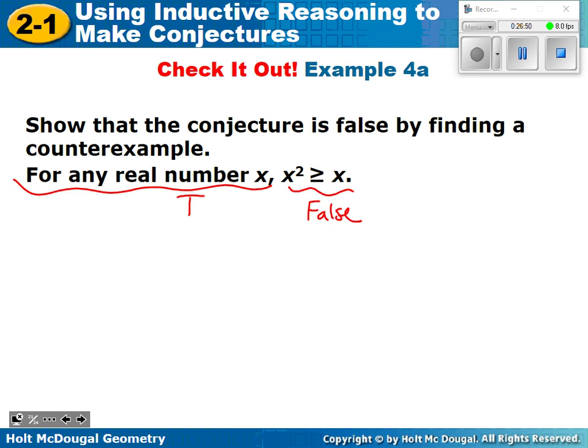A specific example. Except it can't be imaginary.